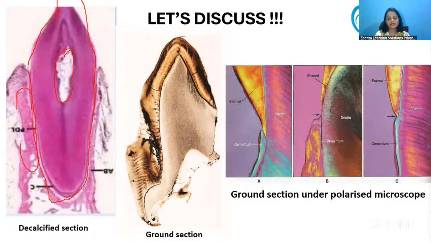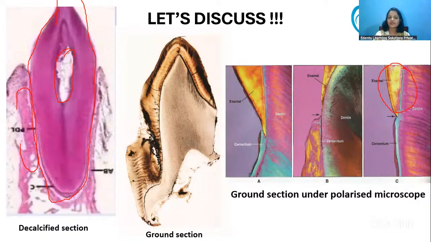But here, look at the image that is given. The enamel is shining. The enamel will not be present prominently like this in a decalcified section, because in decalcified sections we are using strong acids, and because of the strong acids the enamel will mostly be lost.